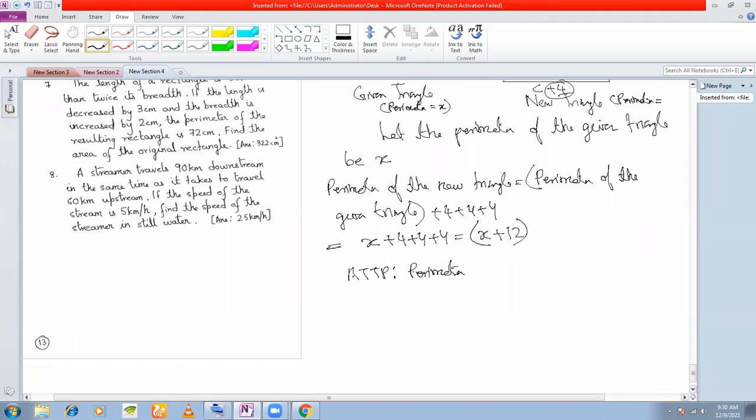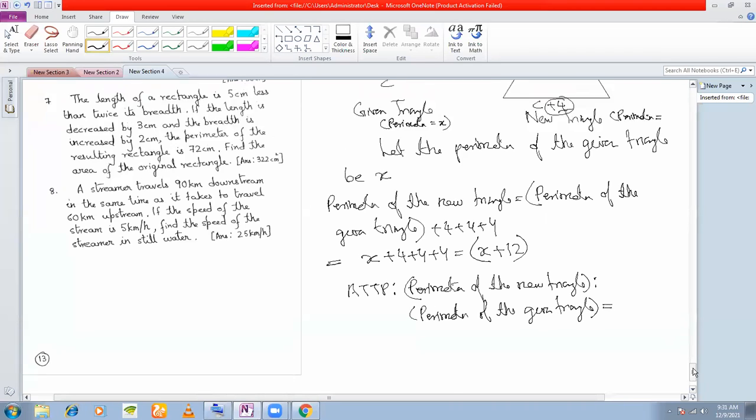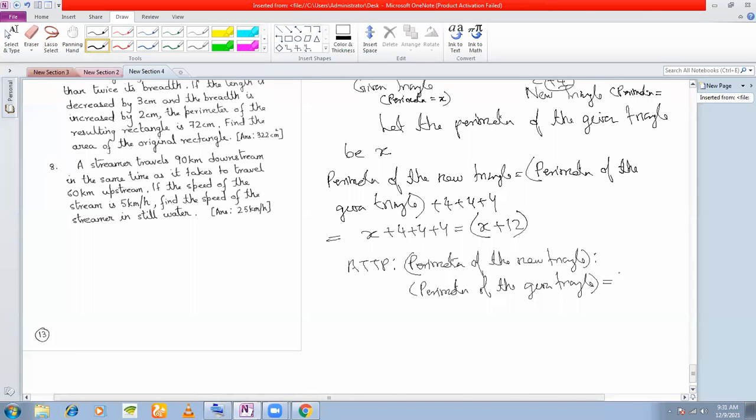Whenever ratios are given, you must be very careful. Perimeter of the new triangle is to perimeter of the given triangle must be equal to 7:5.